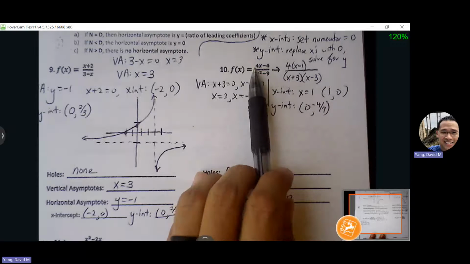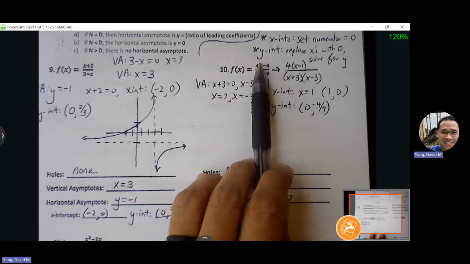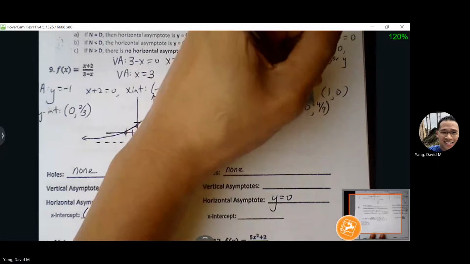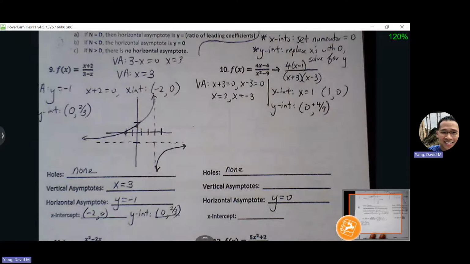To find the y-intercept, replace all the x's with 0 and see what's left over. I get 4 over 9, positive 4 over 9, which is close to 1/2.